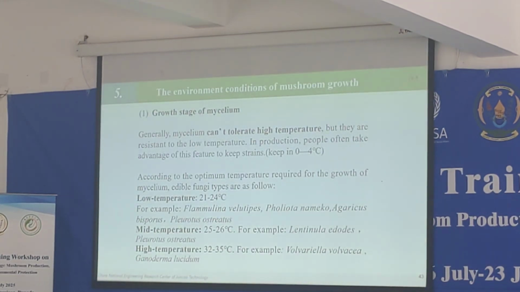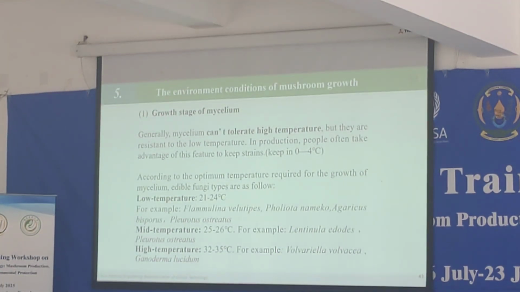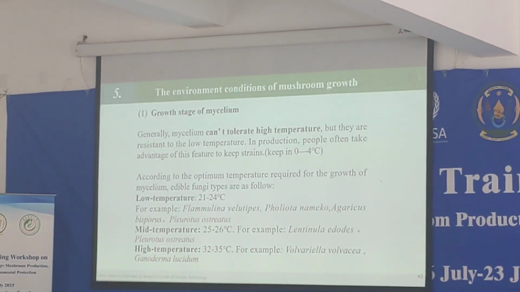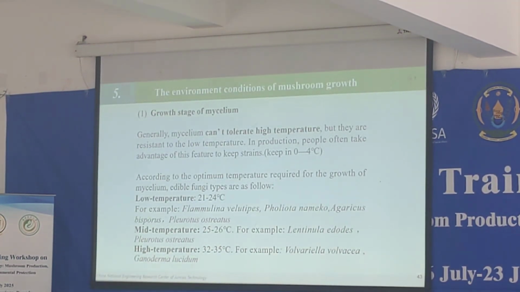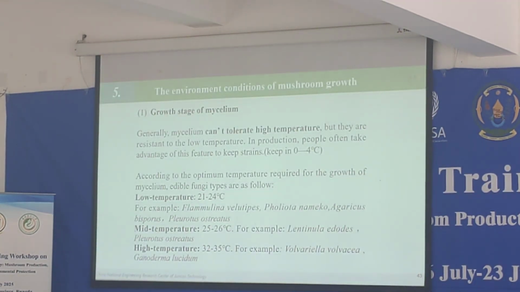So that's why we make the substrate this way. After inoculation, we should put the tubers inside the house, and we should stop the sunlight. When the sunlight comes through the window, no, not that. We should cover the window to stop the sunlight, because when sunlight comes inside, the temperature is high.